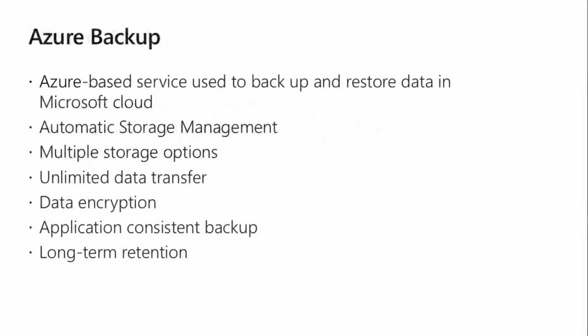Azure Backup. Audience, with Azure Backup, we can use Azure as a backup environment, as a different site. To configure the backup solutions, Azure has one service that we need to install, that is called Recovery Services Vault. After creating that particular vault, we can upload our backup.